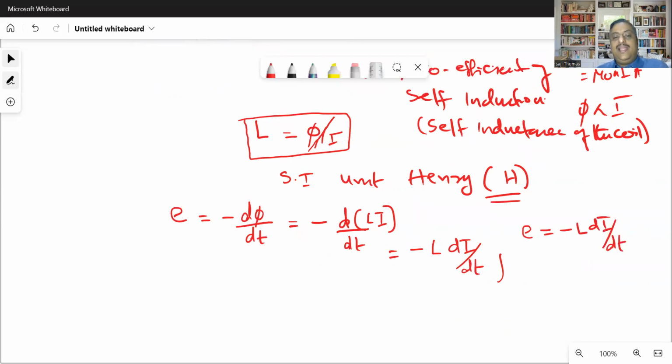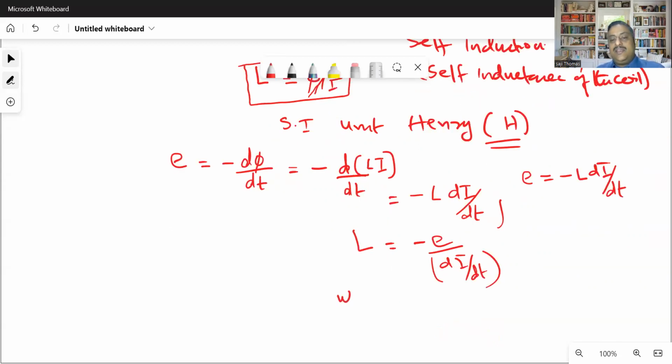So we can find out L. L is equal to minus E divided by di by dt. So self-inductance L is defined as the induced EMF when current through the coil changes at the rate of 1 ampere per second.